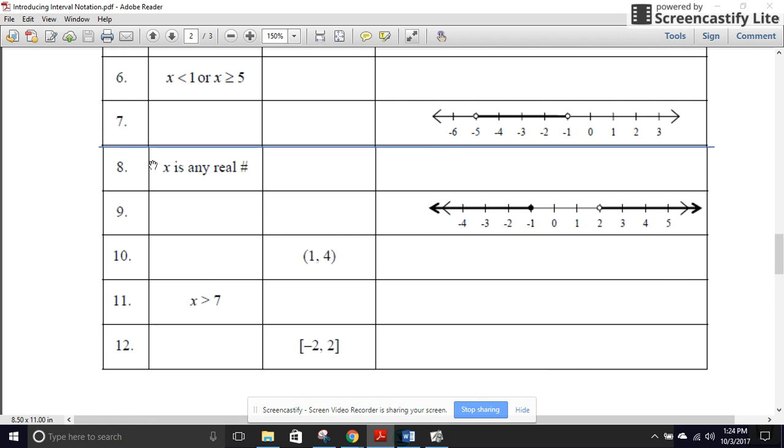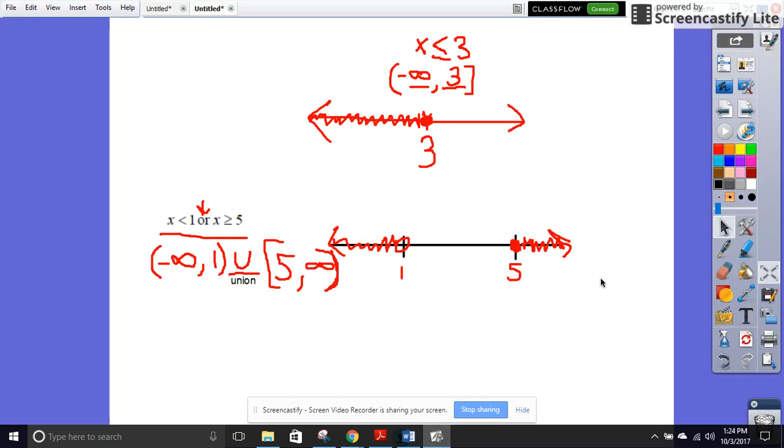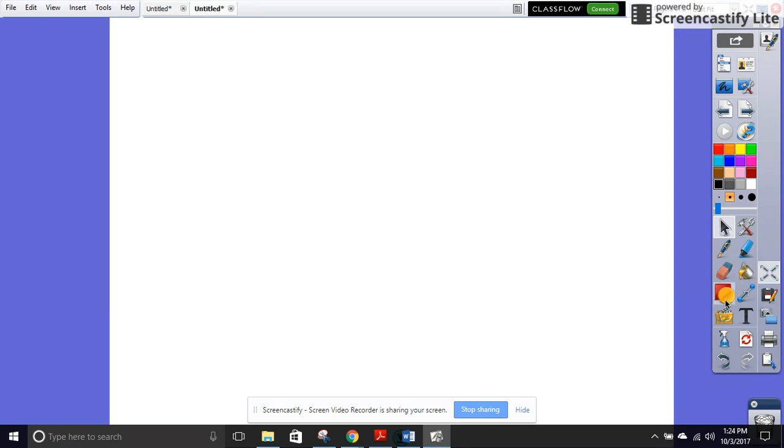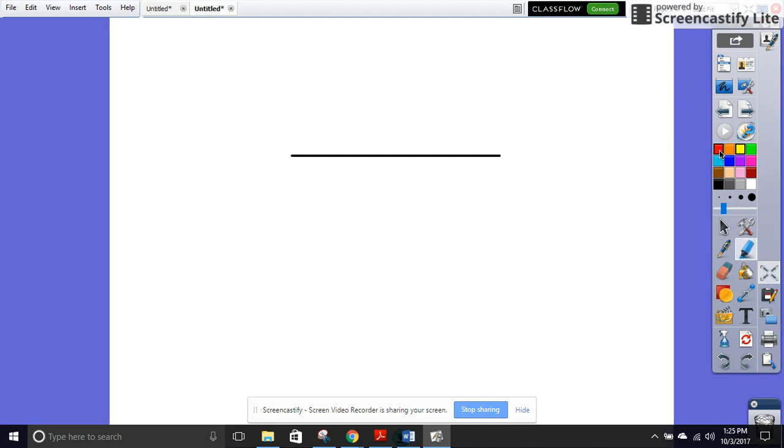Okay, if this says x is any real number, I'll do that one with you. If it's any real number, then that means that on the graph, your entire number line is shaded. Let me do shading this way. Your entire number line is shaded.